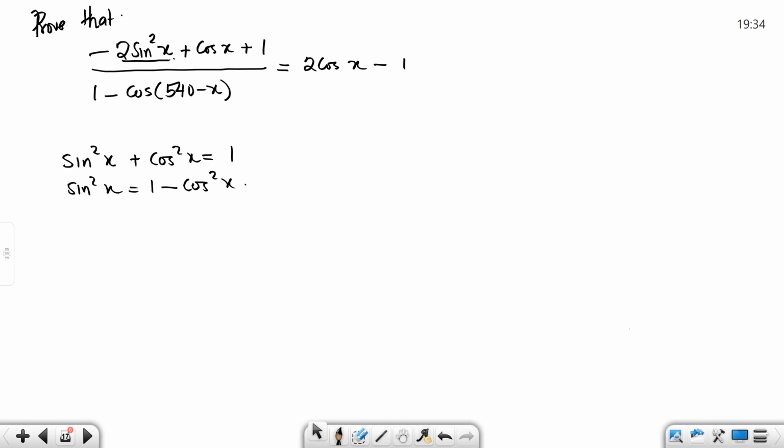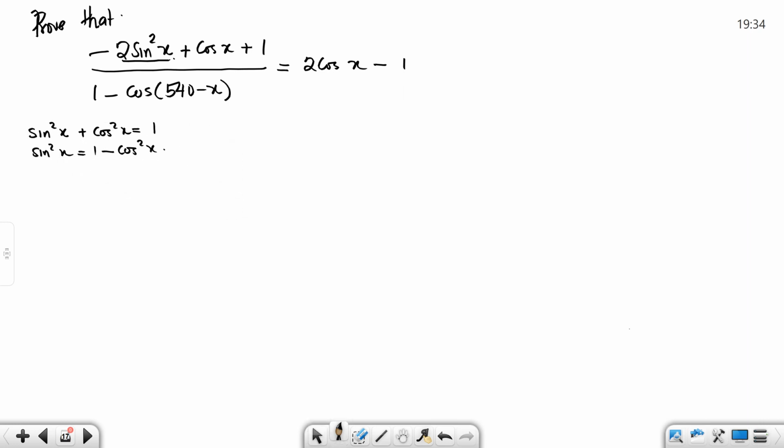So that is what I am going to start with and see where it takes us. Starting from the left-hand side, minus 2 times 1 minus cos squared x, plus cos x plus 1, over 1. Can we reduce that? This cos 540.